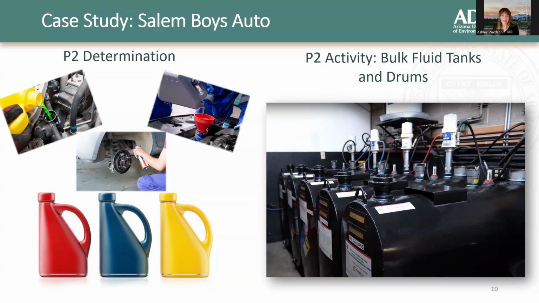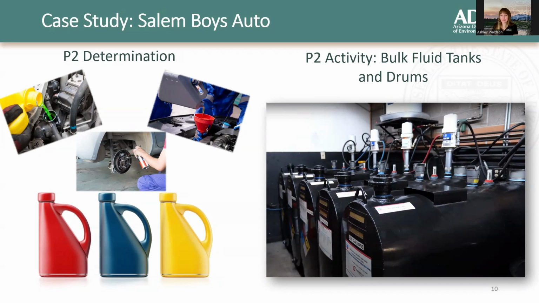So the company decided to install bulk oil tanks for the most commonly serviced oils. Now, they took various factors into account, deciding on what types of oil they wanted to store, how to refill the tanks, and what systems were required in order to make this successful. As a part of this activity, they acquired two 350-gallon tanks to store 5W30 and 5W20 semi-synthetic oil.